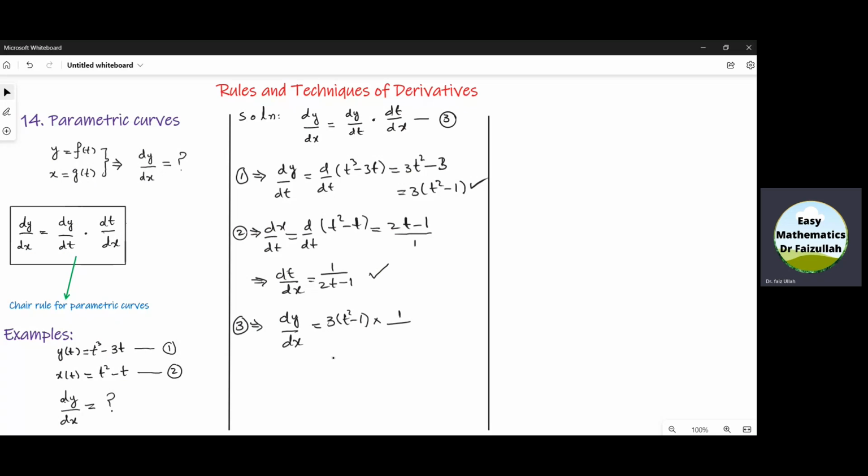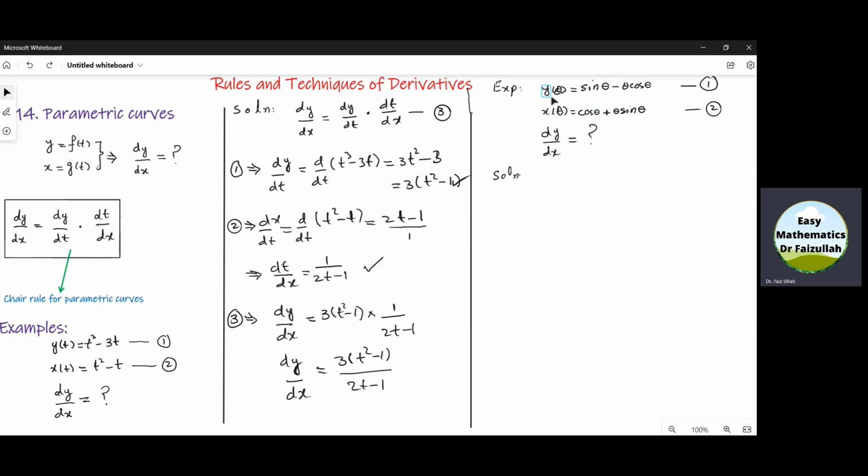So we have 1 over (2t minus 1). If we simplify, we can write 3(t square minus 1) divided by (2t minus 1). And that is the required solution.